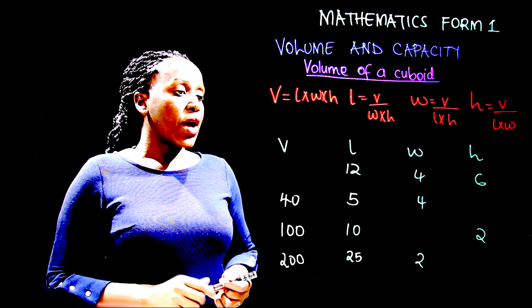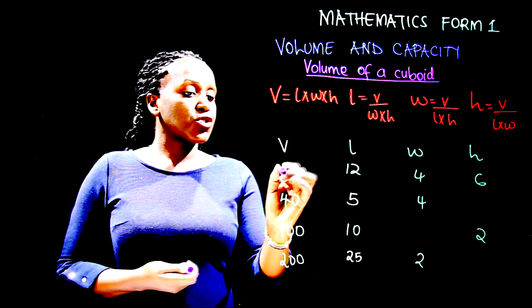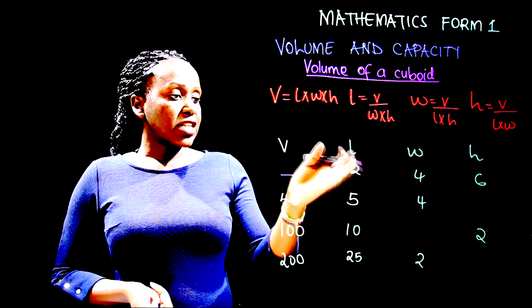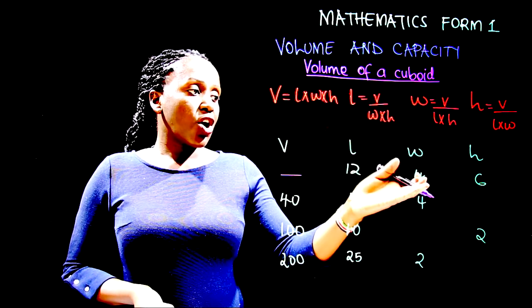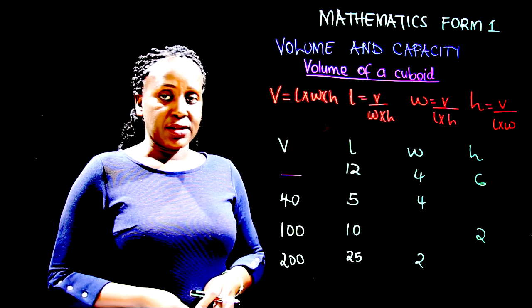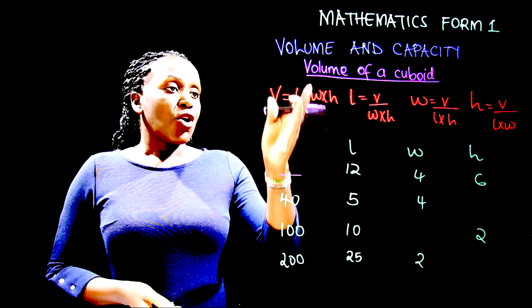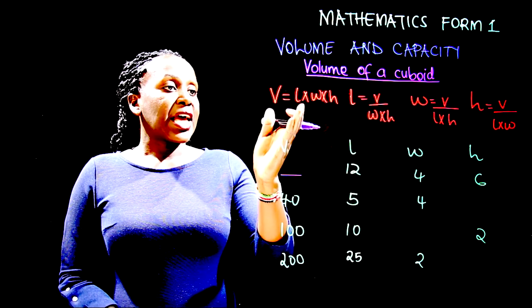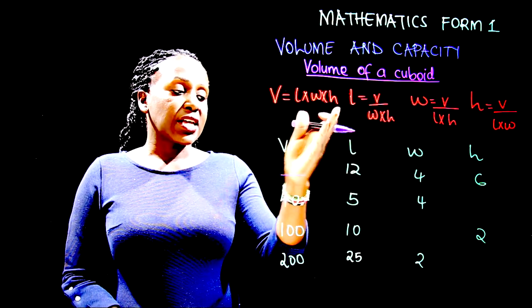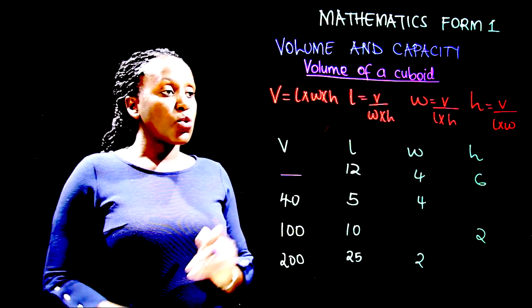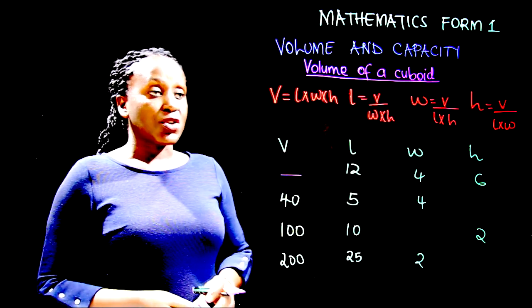Now in the first one, we are required to find the volume given that the length is 12, the width is 4, and the height is 6. Alright? So the volume of a cuboid is given by length times width times height. So we have 12 times 4, which gives you what? That gives you 48.